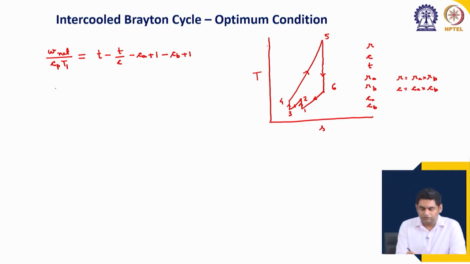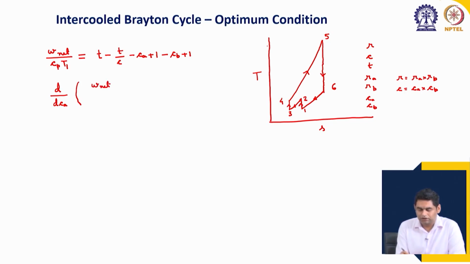Now, to get the optimum condition for the intercooling process, we will take a derivative of this.